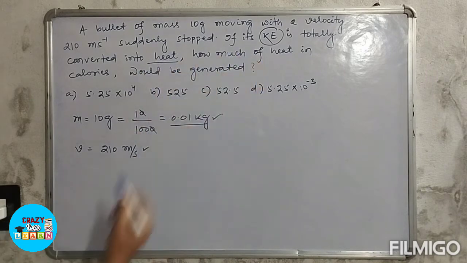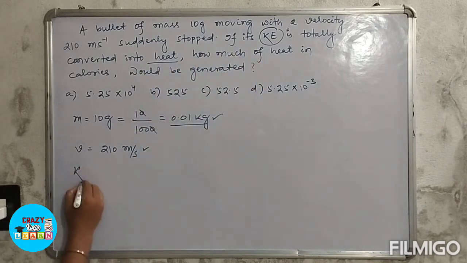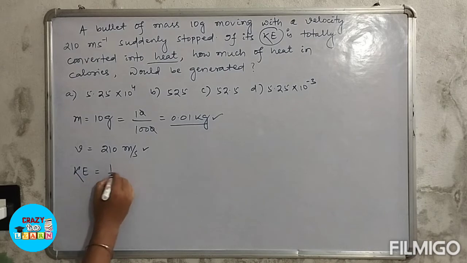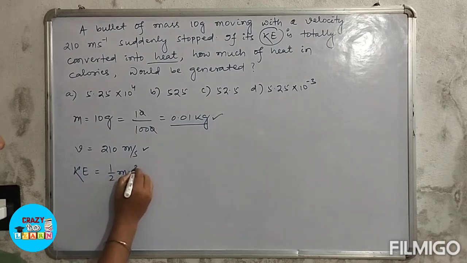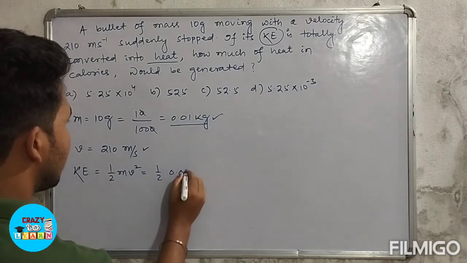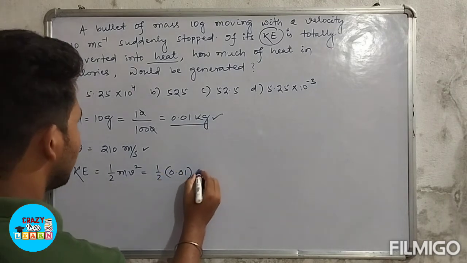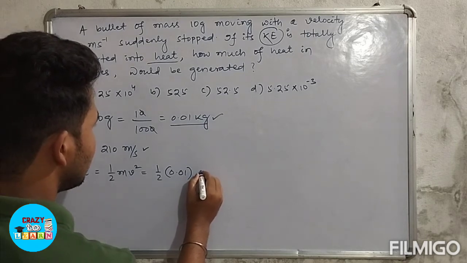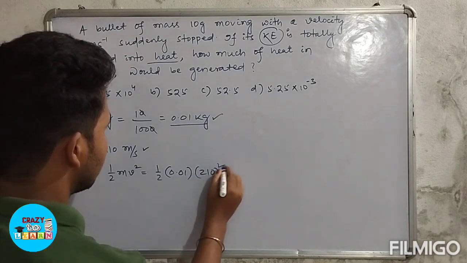So first we have to calculate the kinetic energy. We know kinetic energy is equal to half m v square. So half m means 0.01, v square means 210 square.